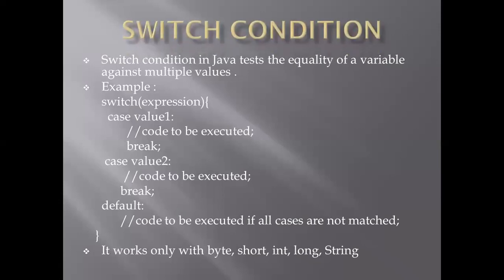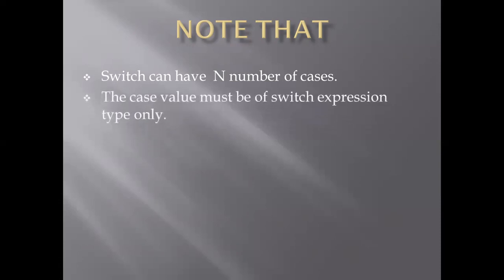Some other notes that you should know about the switch condition. Switch can have n number of cases, like you can have an unlimited number of cases. In this example, we have 2 or 3 cases, but in a real program, you can have 10 cases, 12 cases, 15 cases, whatever. Case values must be of the switch expression type.